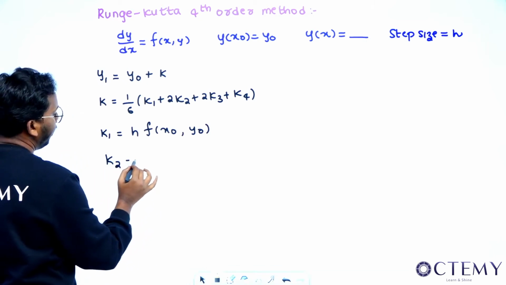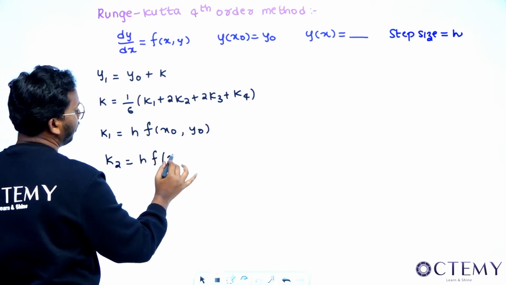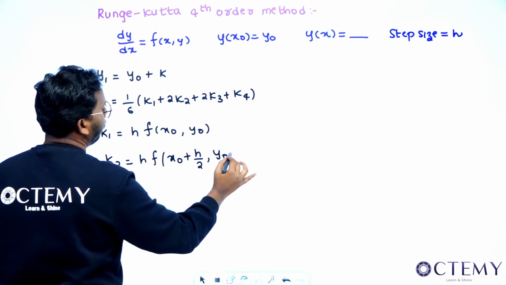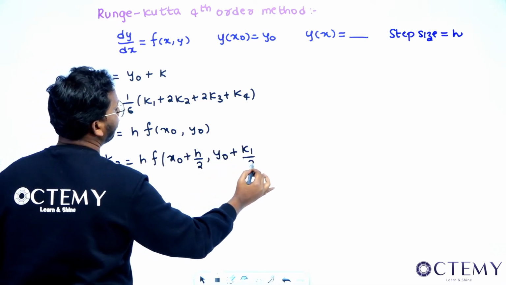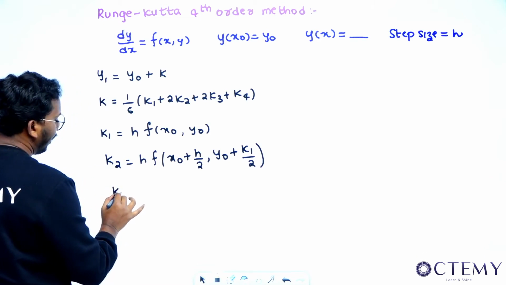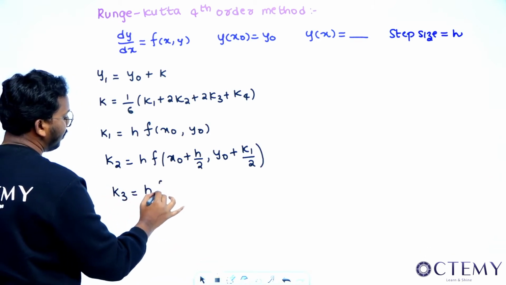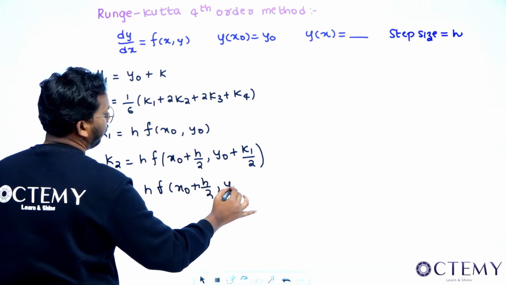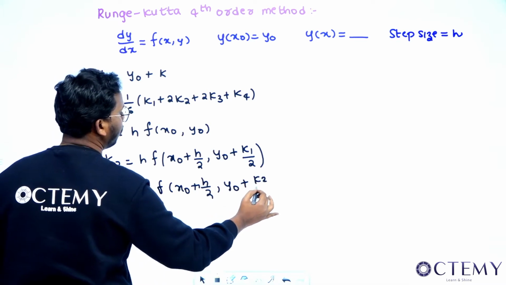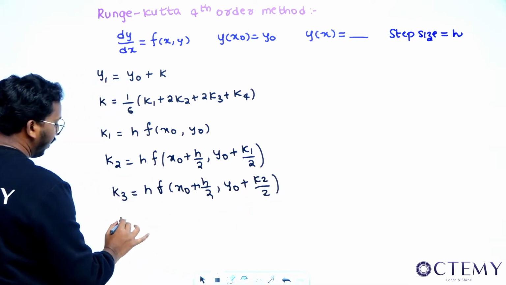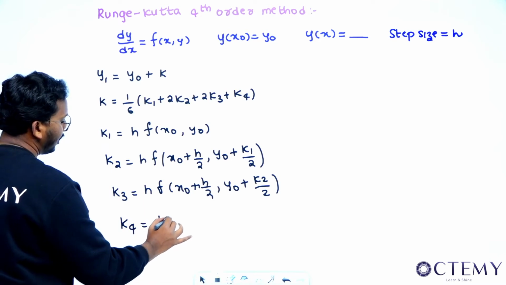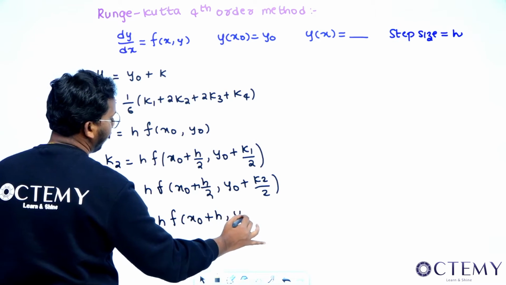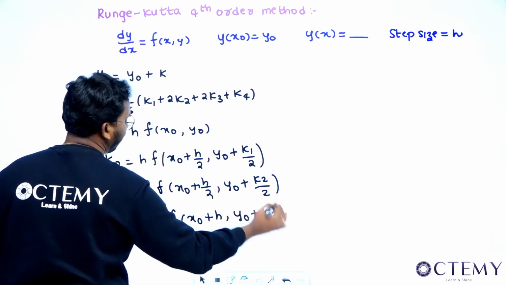Your k2 will be h times f of x naught plus h by 2 comma y naught plus k1 by 2. Similarly, what will be your k3, sir? That will be h times f of x naught plus h by 2 comma y naught plus k2 by 2. And what will be your k4? Your k4 will be h times f of x naught plus h comma y naught plus k3, right?